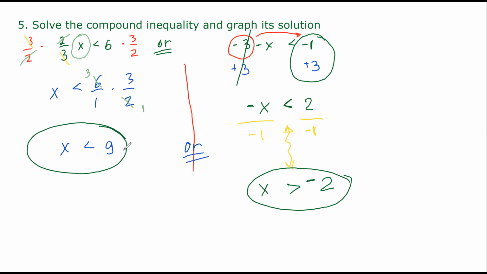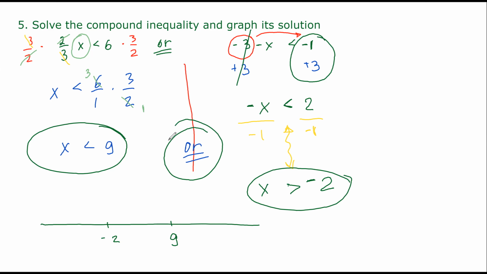And once again, what we need to do here is understand how to graph them. So we'll graph them one by one. We have the negative 2, we have the 9, right? Now, in here, pay attention to the word. It means or, right? So one of the options is that x is less than 9. So let me draw it for you here. This one, less than 9. So everything to the left, right?